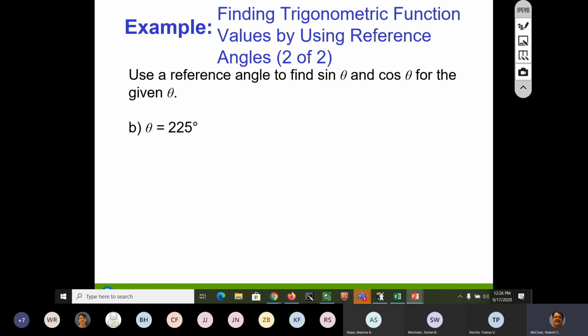So that would be the 45-degree angle, would it not? 45 degrees plus 180, yep. So that'd be a -1, a -1, and a square root of 2. And they want to know the sine and the cosine. Yeah, they're getting you ready for the unit circle. That's why they're asking you for the sine and the cosine.